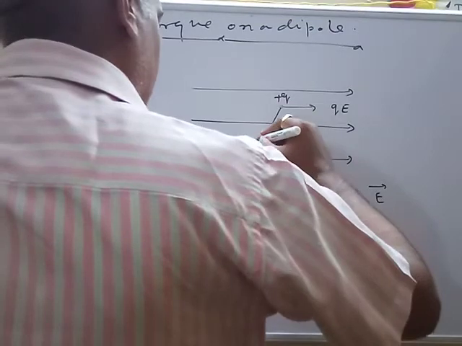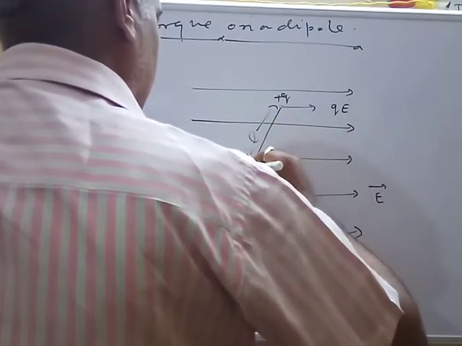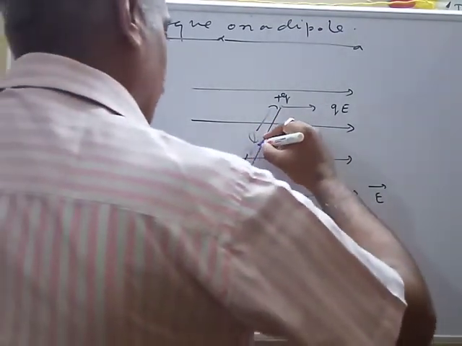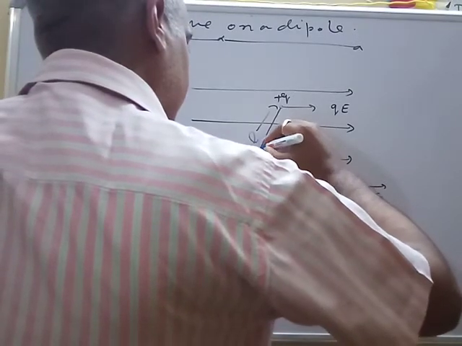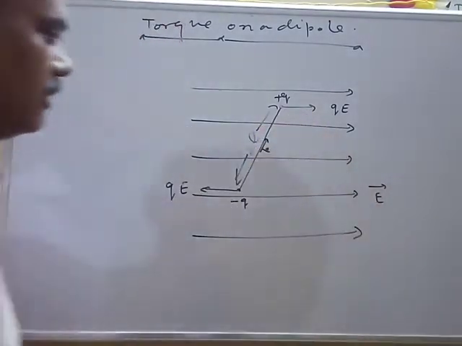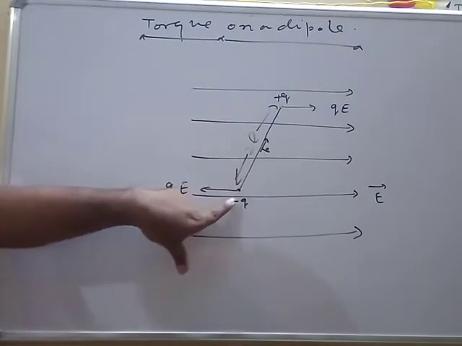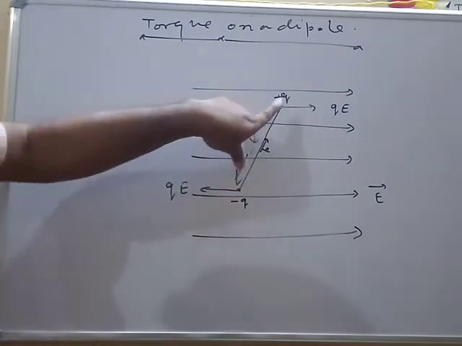This is a dipole having length 2L and dipole moment vector P. Dipole moment vector P is directed from negative to positive.